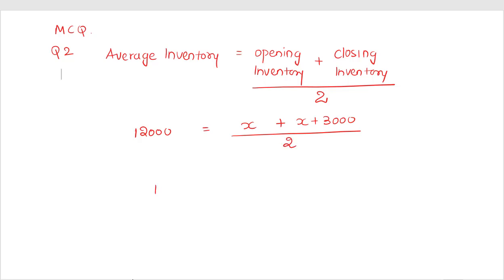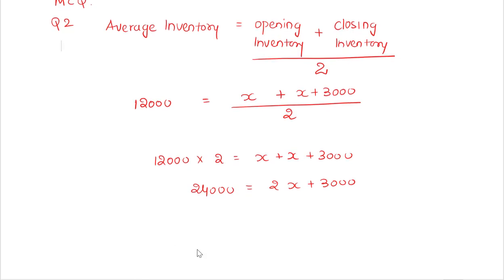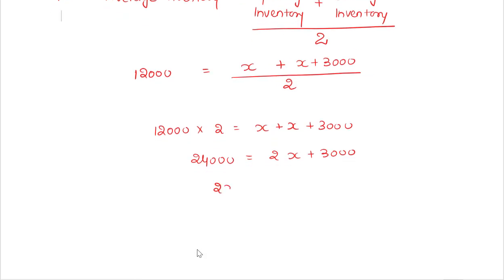So 12,000 multiplied by 2 equals X plus X plus 3,000. So 24,000 equals 2X plus 3,000. 2X equals 24,000 minus 3,000. 2X equals 21,000.